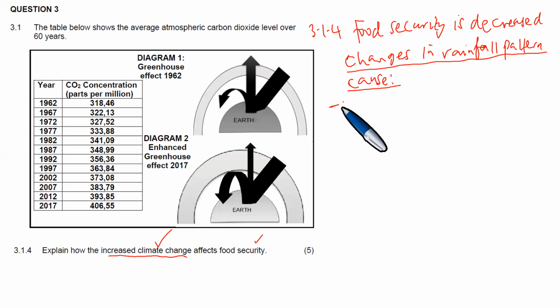At the time that you expect rain, there's no rain. It's like the seasons are being tampered with because of the increased climate change, which is caused by the atmospheric carbon dioxide level that continues to increase unabated. So we then say there is also desertification.